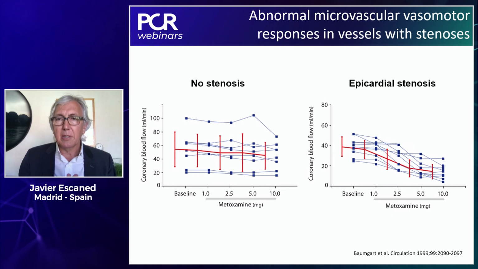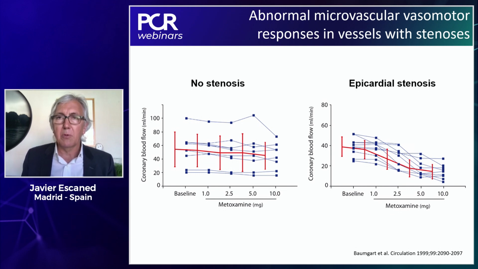In a patient who had no epicardial stenosis, there were no variations in coronary flow with increasing doses of this alpha agonist. But on the contrary, in the patients who had epicardial stenosis, the infusion of this alpha agonist triggered a reduction in coronary flow that, of course, may cause ischemia.